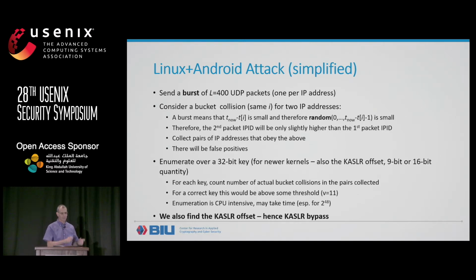So obviously it's easy to find candidates for such bucket collisions, and we do that. We collect pairs of IP addresses that obey this delta in IP ID of less than 180. And of course, there will be false positives, but we will have a large body of true positives. Then we enumerate over the 32-bit key, and if we have newer Android kernels and Linux kernels, you also need to enumerate over the KASLR offset, which is 9 bits for Linux and 16 bits for Android.